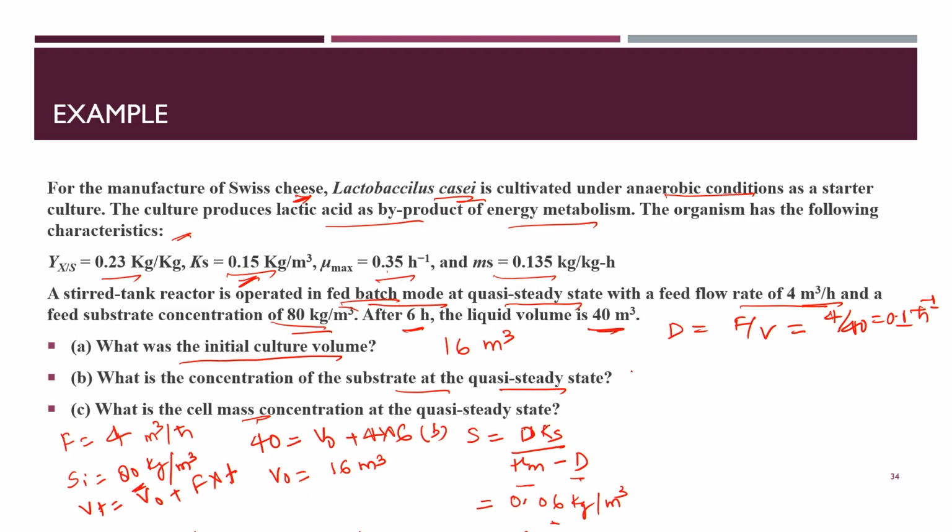For part C, if you remember the substrate balance, it says D into Si minus S equals mu upon Yx upon S plus Qp upon Yp upon S plus Ms into x. So we need to find the value of x here. D is given to us, Si is known, S is known.